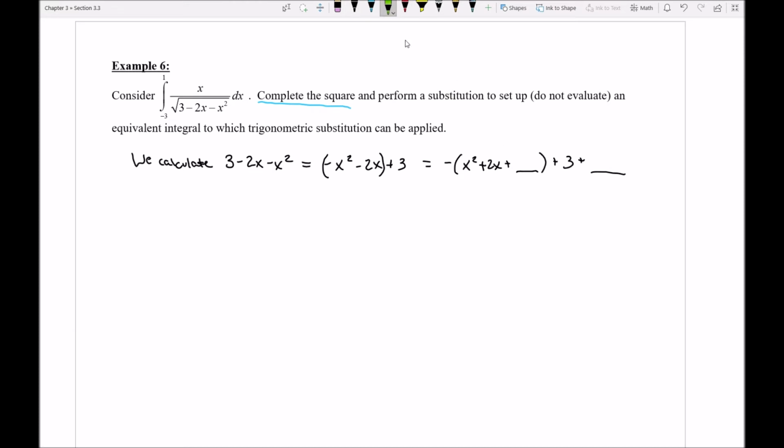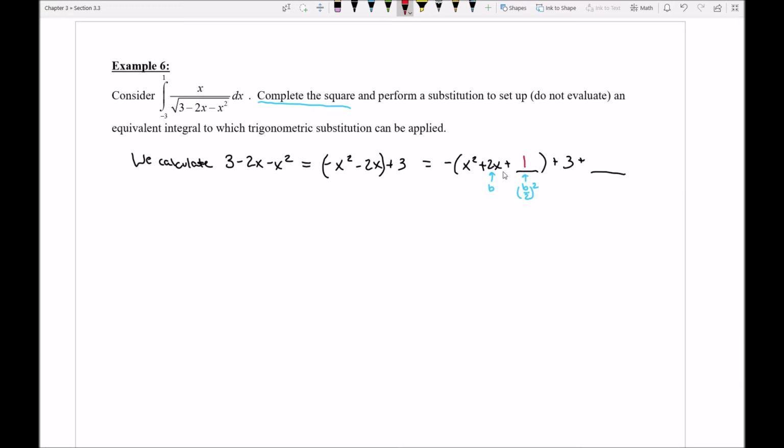You may recall that to figure out what I want to put in this blank, I have to take the value of b over 2 and square it, where b is the value coming right off of the x. In this case, what is 2 divided by 2? That's 1, and when I square it, I'm interested in adding a 1 in.